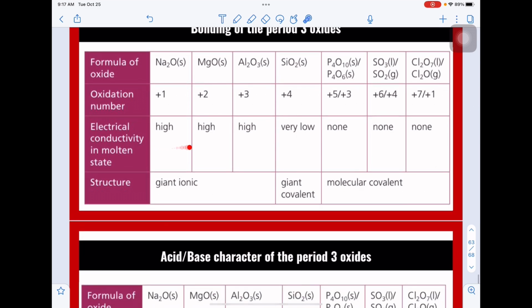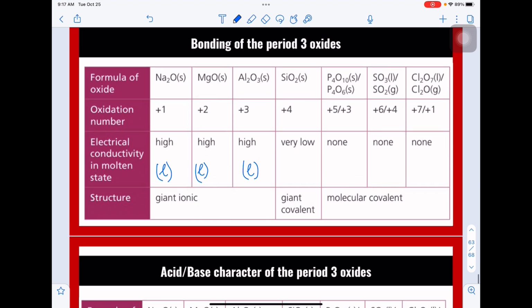Okay, the electrical conductivity with the metal oxides, they conduct electricity only when they are in their molten state, or when they are liquid, like when you melt them and they become liquid. This is not solution, this is not dissolved in water, no. Even though if they are dissolved in water and they dissolve, they will conduct electricity.